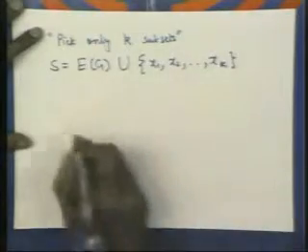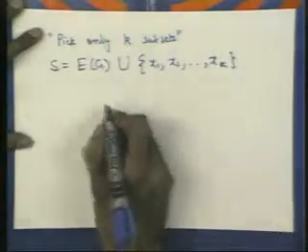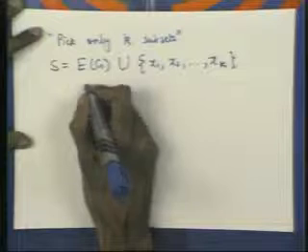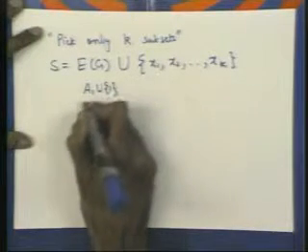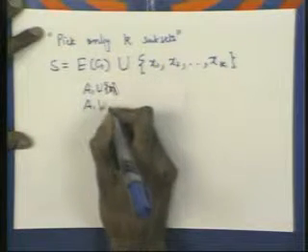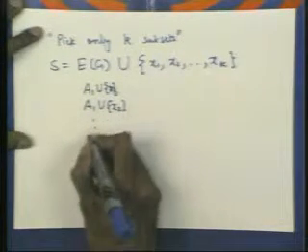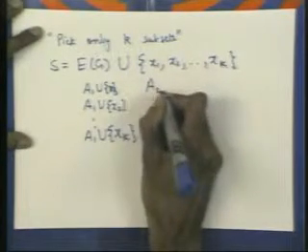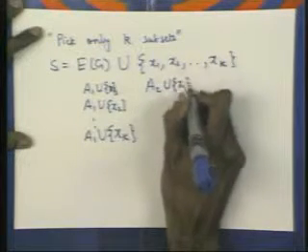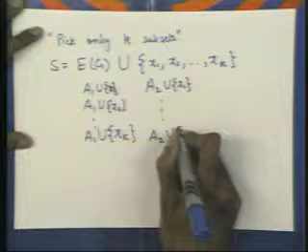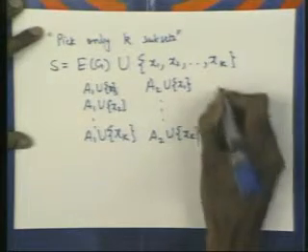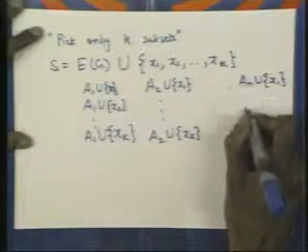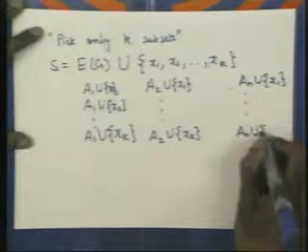And supposing the sets were A1 through An, I change the collection of sets. I take A1 union x1, A1 union x2, and so on, A1 union xk. Similarly, A2 union x1, and so on up to A2 union xk. And finally, An union x1, so on up to An union xk.